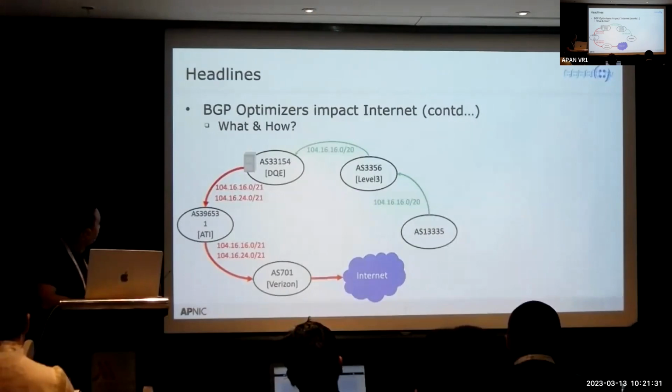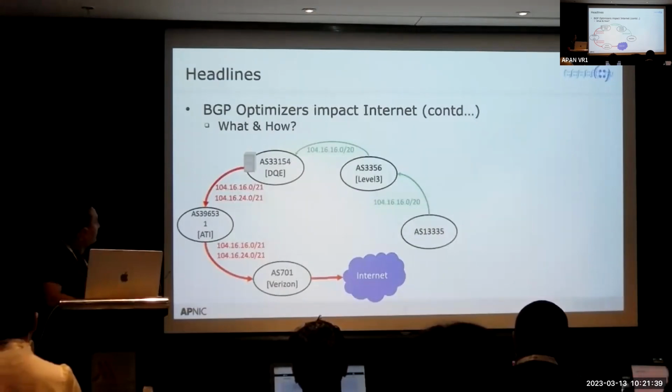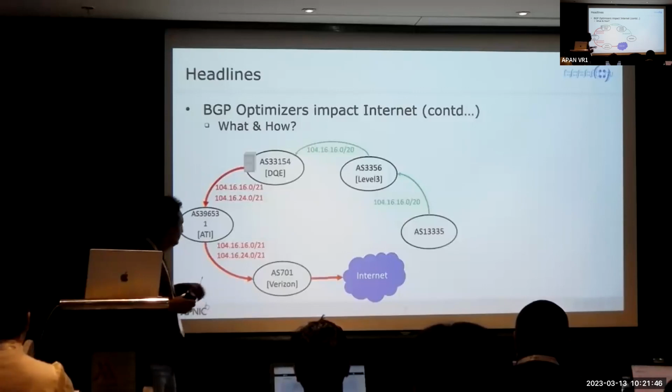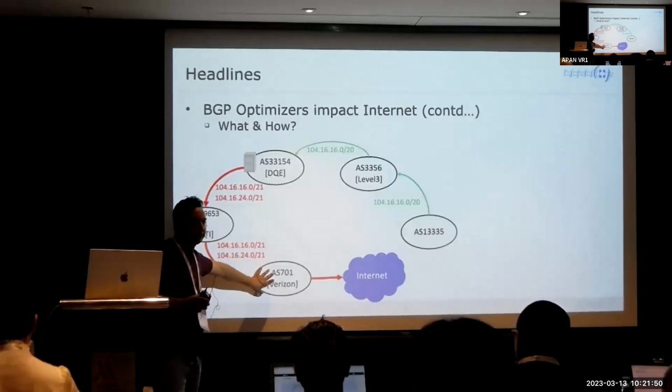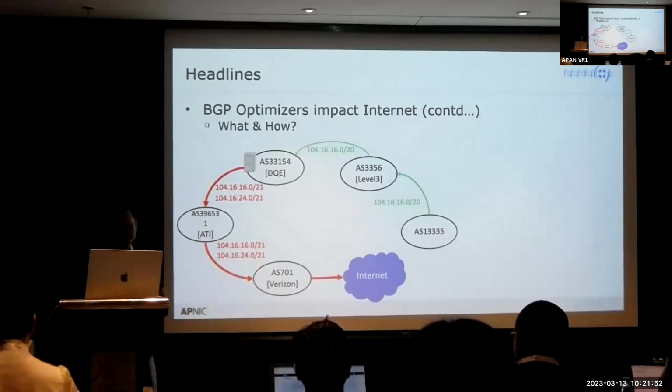So basically, again, there is 701 Verizon, which is one of the largest providers in the North American region, right? And it's basically propagating over the internet, right? So you can see that even though this has been fabricated here, the big provider is still accepting it, right?